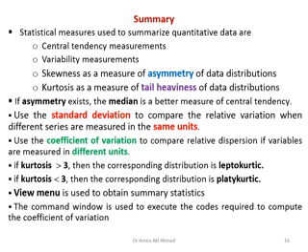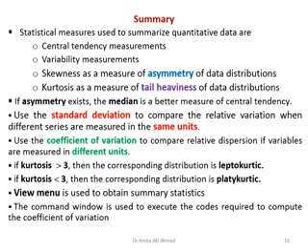Furthermore, the chapter gives instructions to compute summary statistics for a single variable and for a group of series using different data structures. We concluded that if a distribution of data points is asymmetric, then the median is a better measure of central tendency.